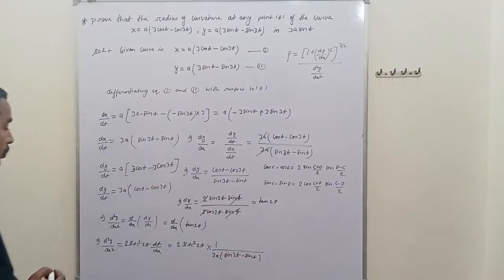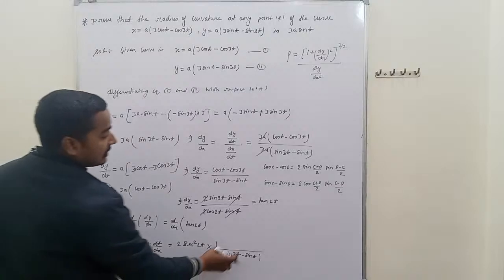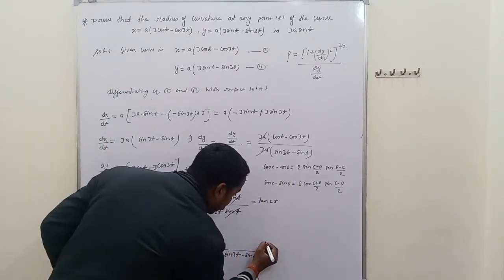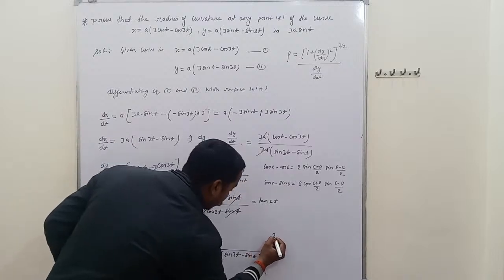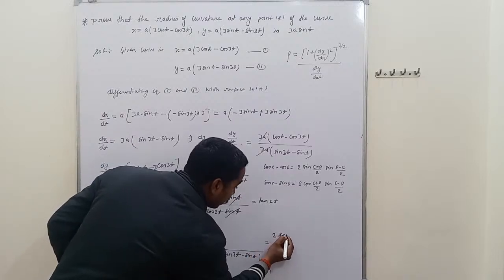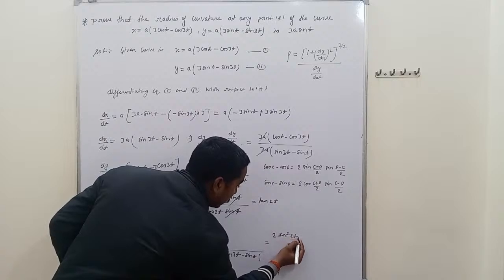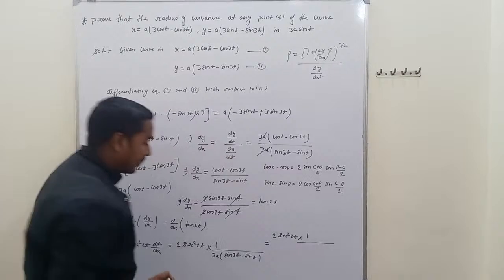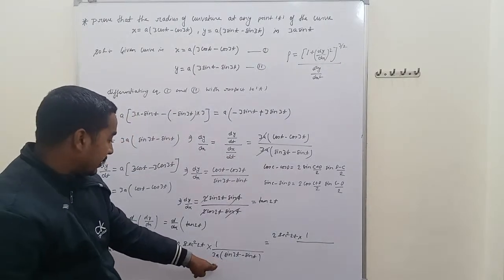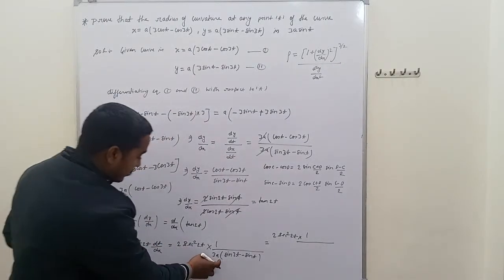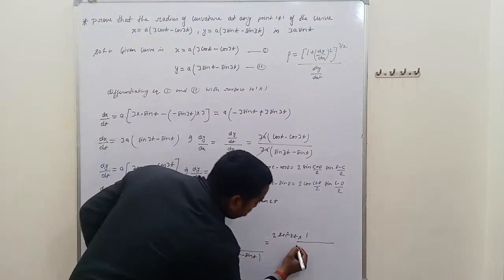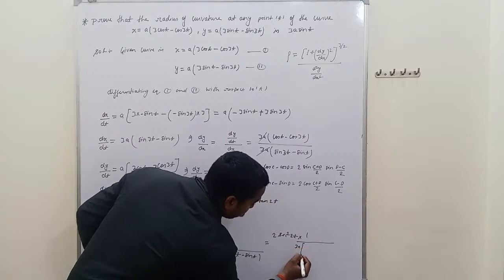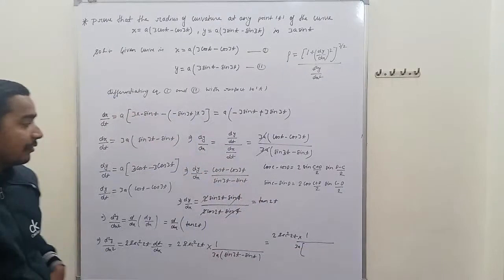Again we have to use the formula of sin c minus sin d, and we can write 2 sec square 2t into 1 upon 3a, and we have to use the sin c minus sin d formula here.